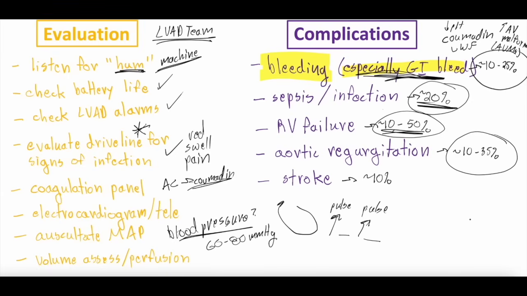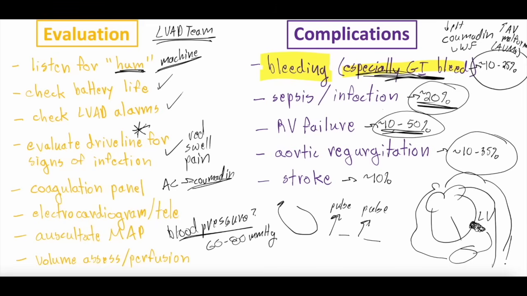The reason this is so significant is because it makes the LVAD much less effective, right? I couldn't help myself, I have to draw it again. Okay, so this is the left ventricle here, right? And again, you're pulling blood out of the left ventricle to the machine, and then going into the aorta, and the aorta circulates blood around the rest of the body, right?